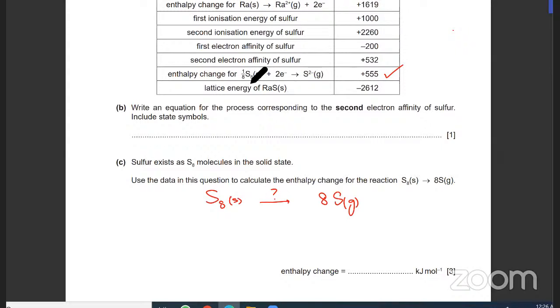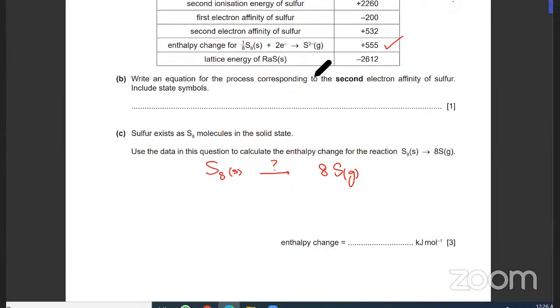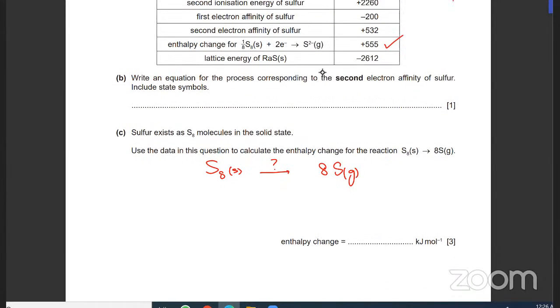So I've got S8, but then there are 2 electrons as well, and it's forming S2-. And I would have to multiply it by 8, right? So first thing, the two electrons as well. How many electrons do I need to add?